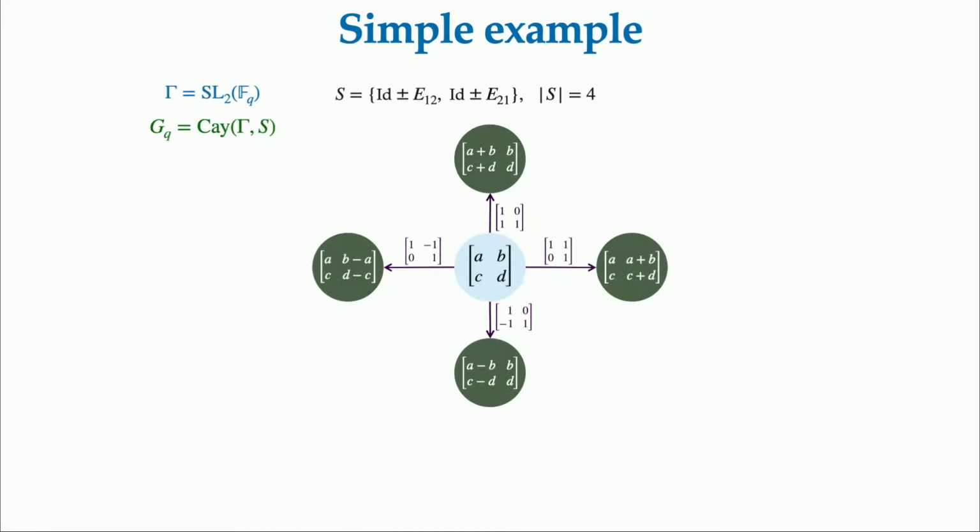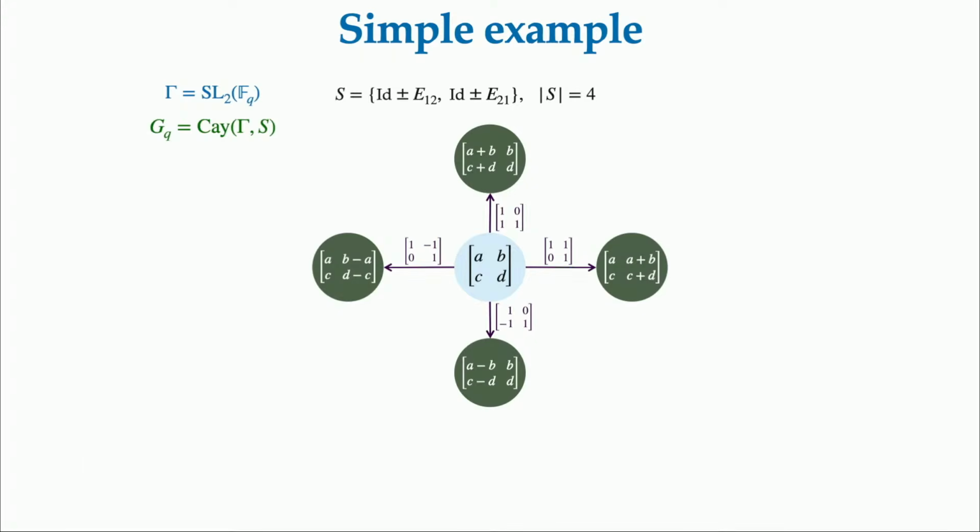Okay, so here it is. Let me slowly break it down. You have a group, and maybe you should think of this group as being the vertex set of the graph that you're constructing.